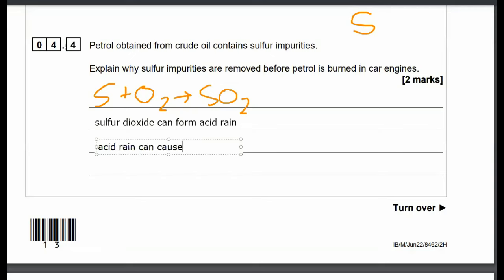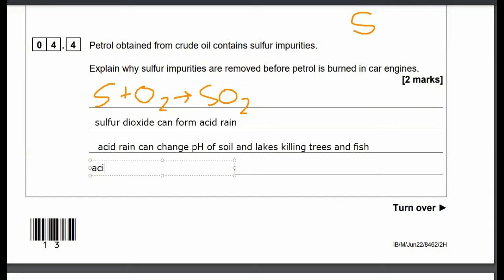Acid rain kills fish, kills trees by changing the pH of soil and water. Sulfur dioxide can also cause respiratory issues, things like asthma or difficulty breathing.